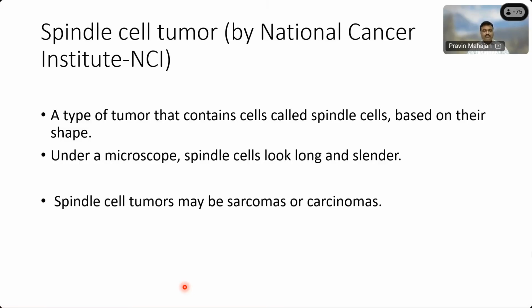So I have given cases on how you approach a spindle cell lesion at a particular site in a particular clinical setting, and what should be your differentials, whether it is a sarcoma, whether it's a carcinoma, or whether it can be something else altogether which has got a spindle cell morphology. That's what we are going to try to learn today.